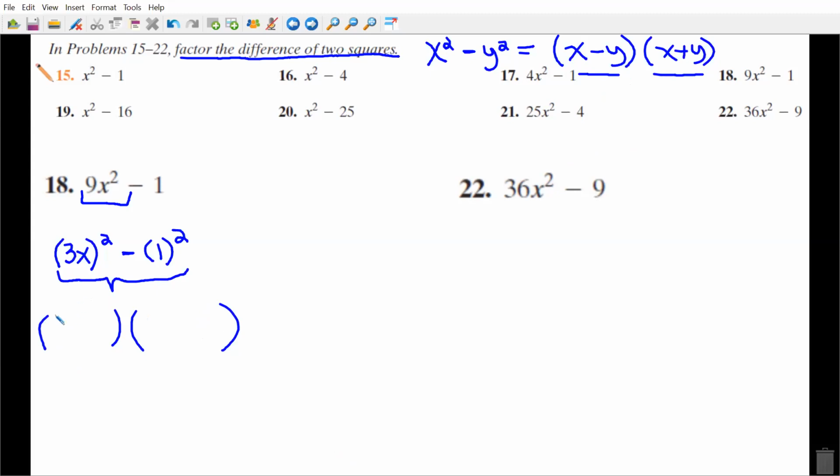Our first term is going to be 3x minus the last term. Okay? And then multiply it times the first term again, plus, you can see the plus over here, plus the last term. And that is the difference of squares.